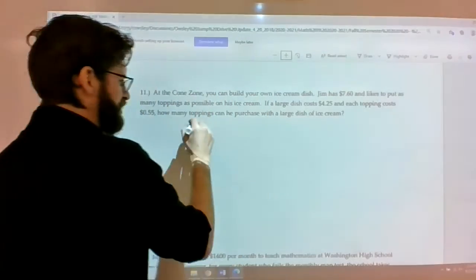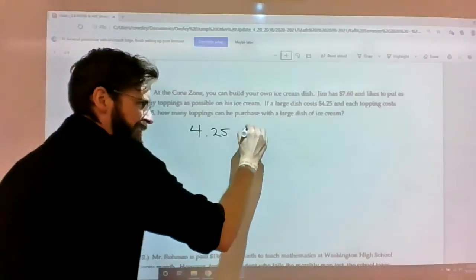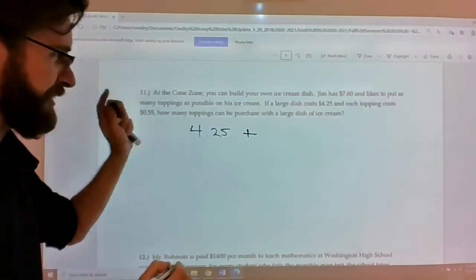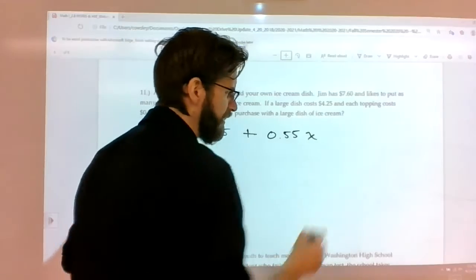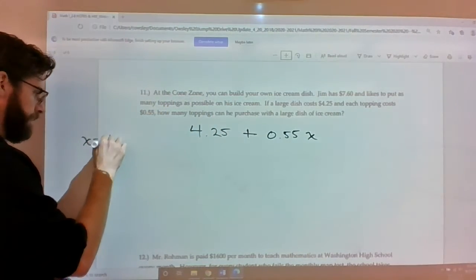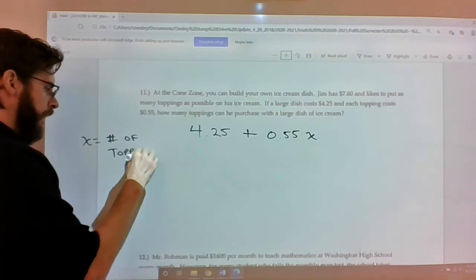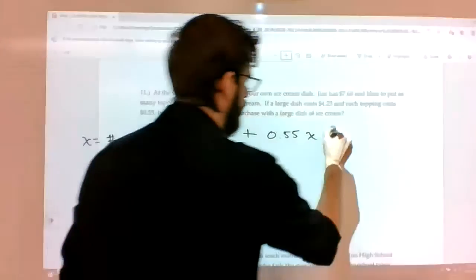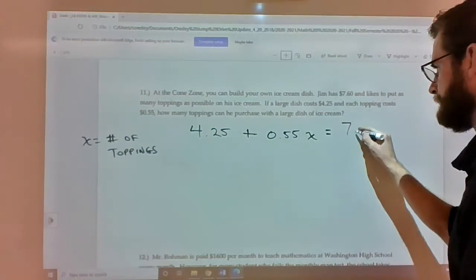If a large dish costs $4.25, and each additional topping is 55 cents, I'll let X represent the toppings. How much can we get for $7.60?